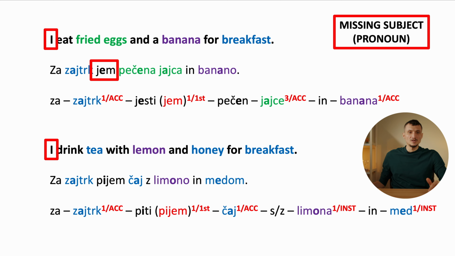Jem can only be jaz, and pijem can only be jaz. If we have a look at the bottom where we have jesti, we can see it says jesti, jem, and then 1/first. One is singular, first is first person. The singular first person is I. And the same with pijem, singular first person is I. And that can only be I eat or I drink, jem and pijem.